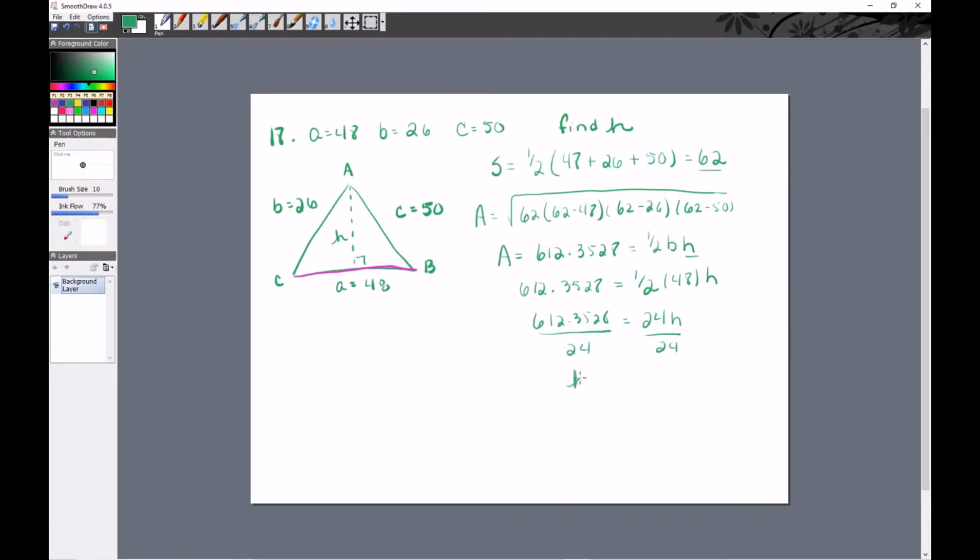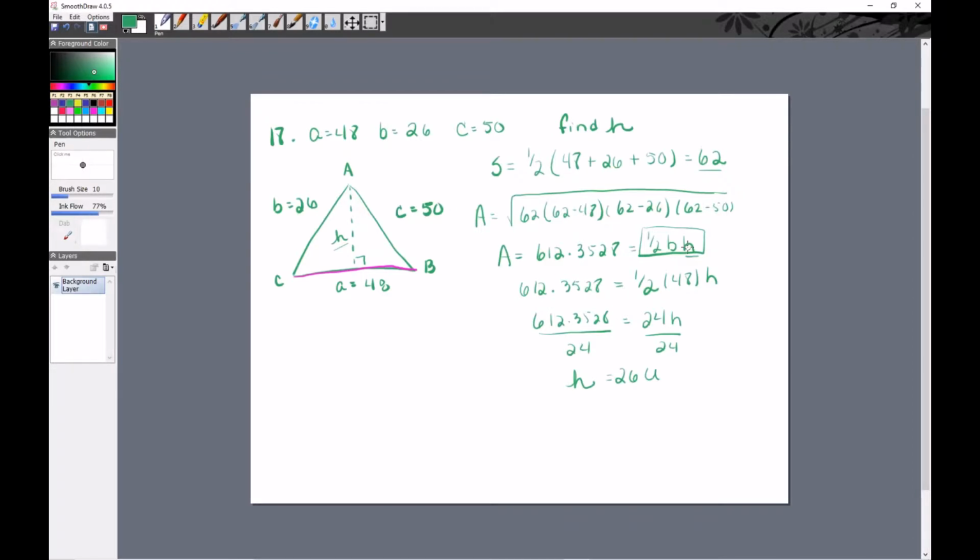And so your height, see, I kind of switched from regular script to this script for altitude, is approximately 26 units. Okay? It's that simple. So you get the area, and then you go back to our old standby geometry formula, and you just dig out that height, which is the same as your altitude.